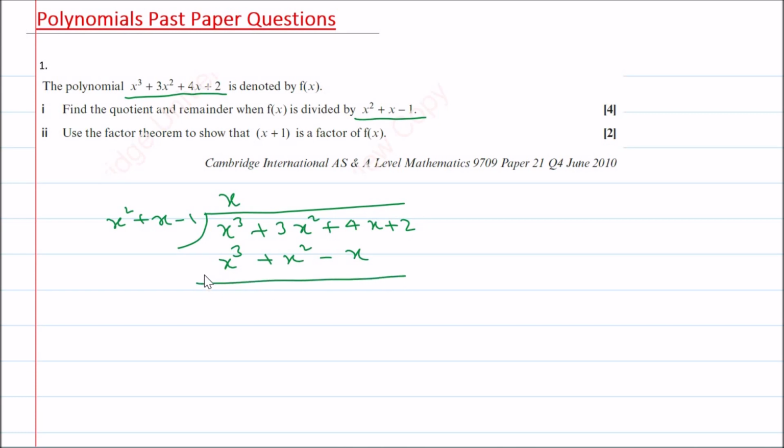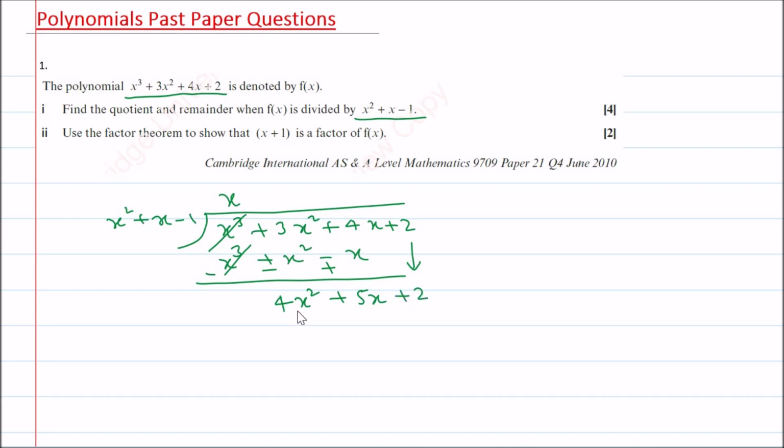Now as we are going to subtract, we'll change the signs, minus minus will be plus. So x cube minus x cube cancels out. So 3x square plus x square will be 4x square. 4x plus x will be plus 5x. Now we will bring down the next term, plus 2.